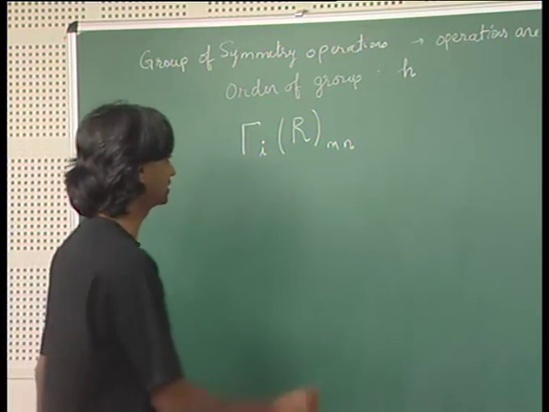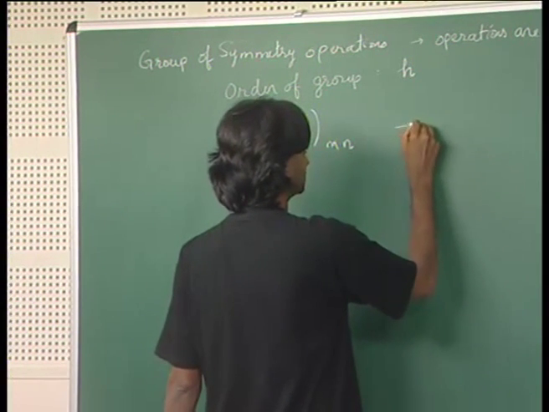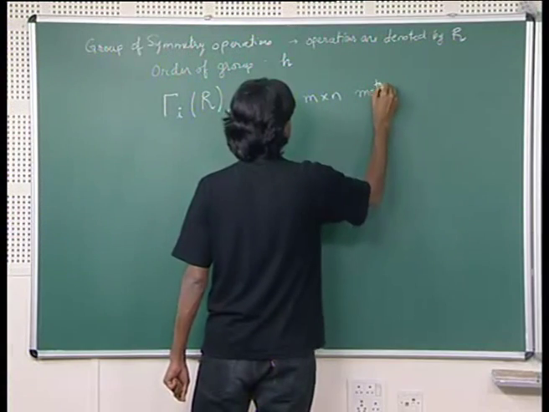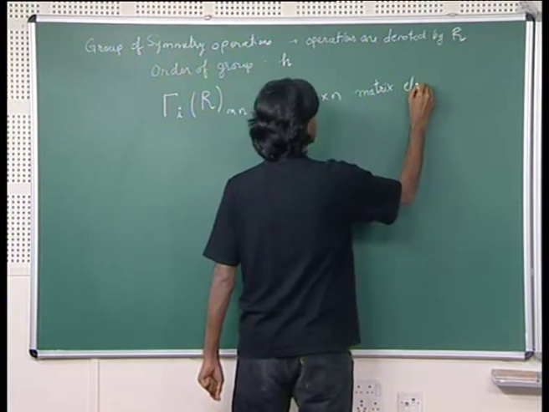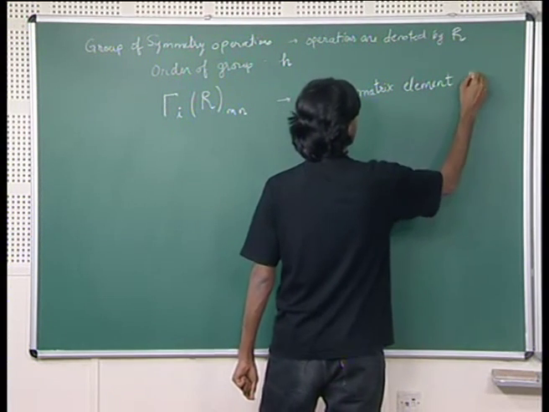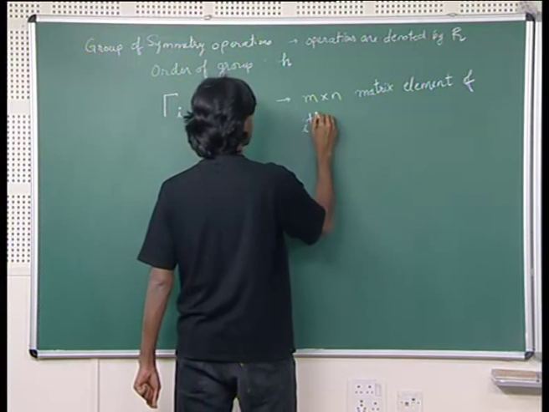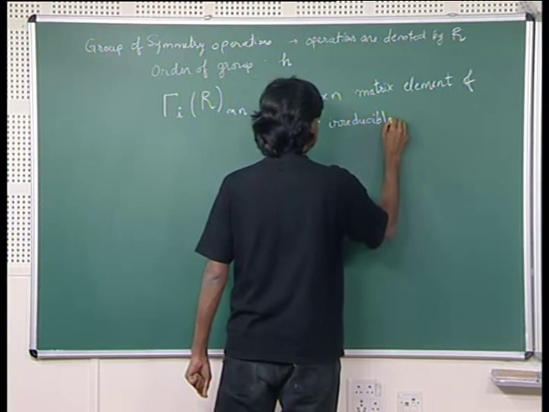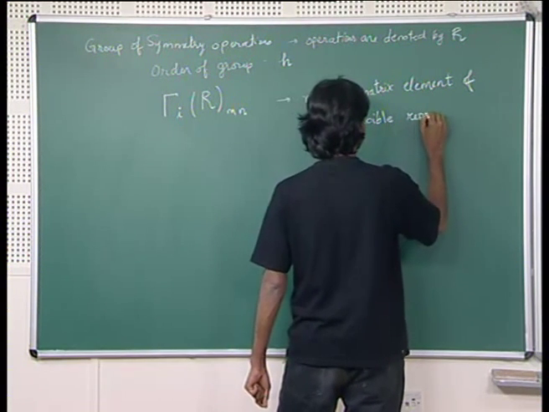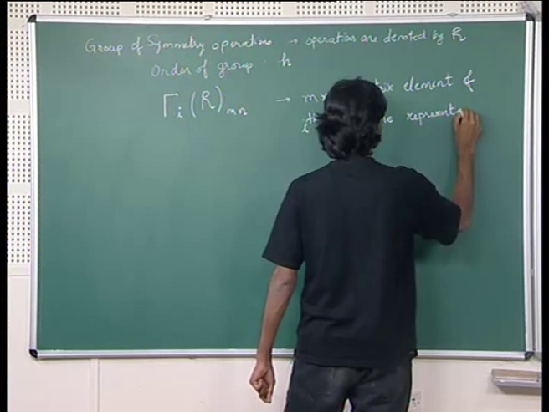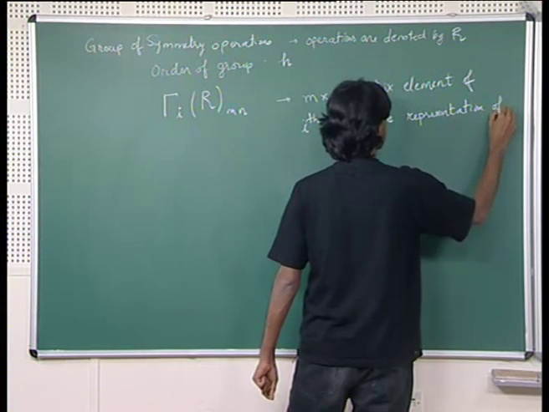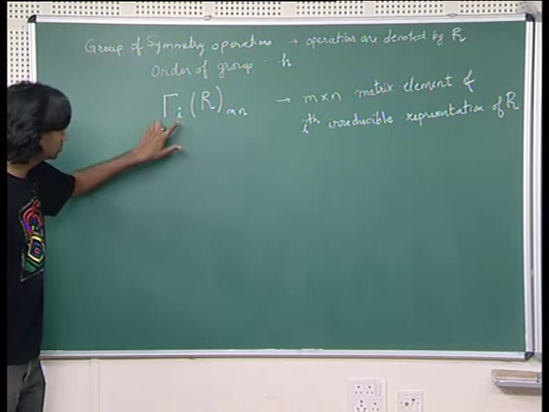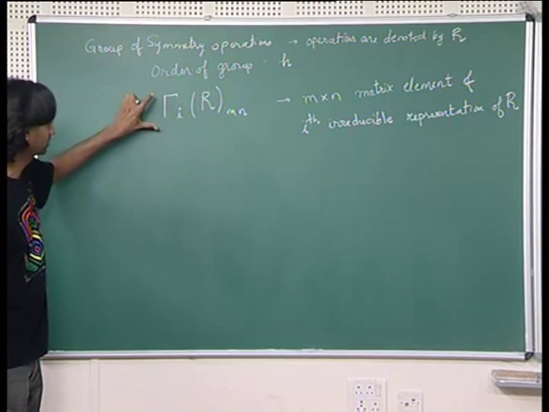So, this is a symbol that is used to denote the m cross n matrix element of the ith irreducible representation of R. Okay. So, this is the central object in the great orthogonality theorem.